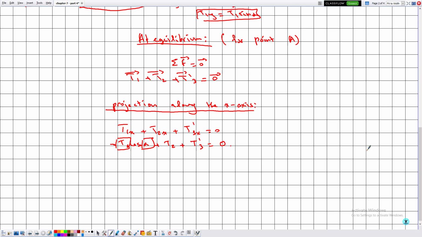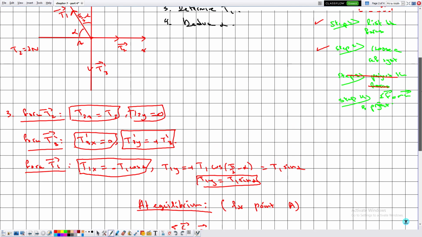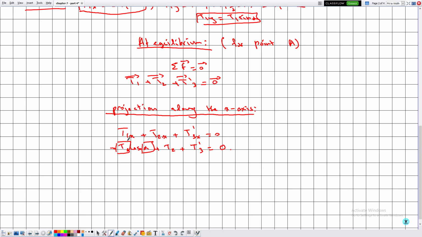The value of T2 is given to be 2 newtons, and T prime 3 we have determined, which is equal to T3.